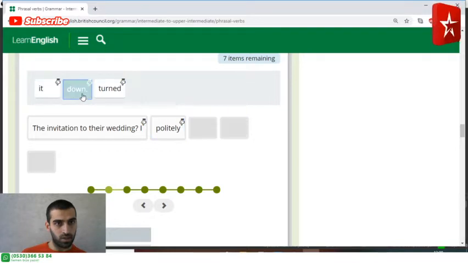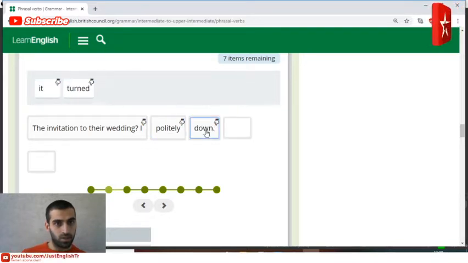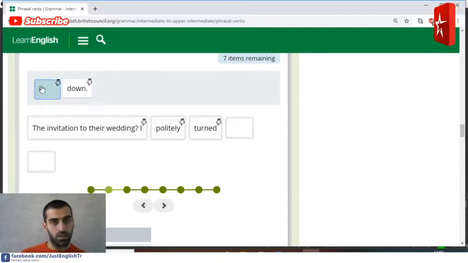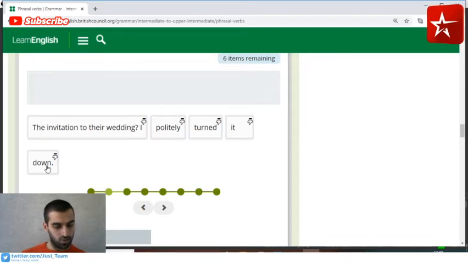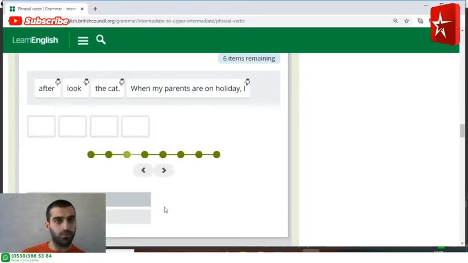I politely turned it down. Mr. Hussein says it should be like this. Okay. So the invitation to their wedding, I politely turned it down. Okay. So we will see is it correct or not. Let's continue with the next one.